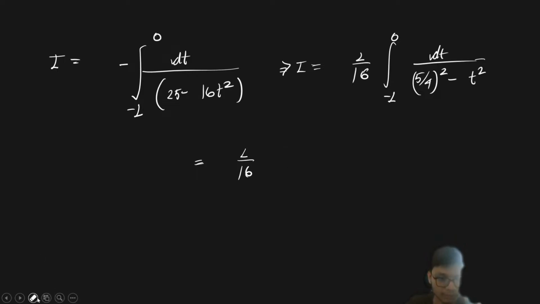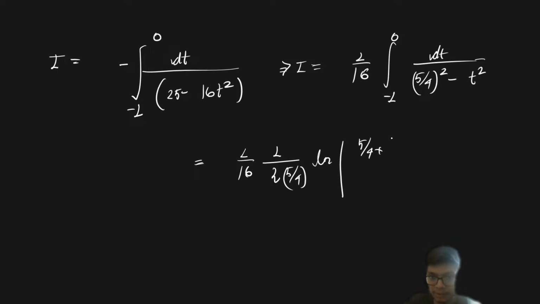So the formula is 1 by 2a times natural log of (a plus x) divided by (a minus x).